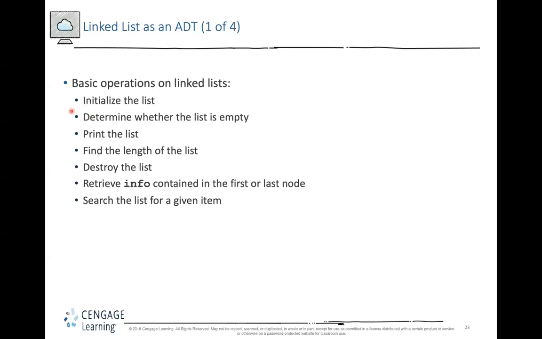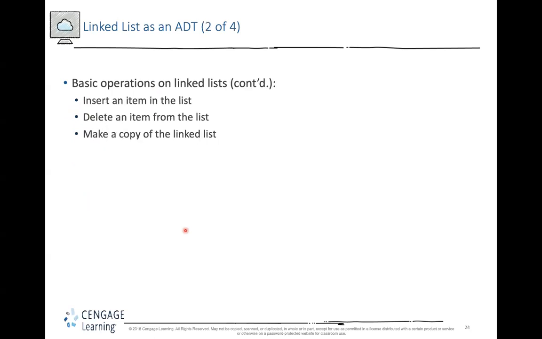You can initialize the list, decide if it's empty or not, print it out, find the length of it. You may destroy it, retrieve the information that's carried around, or search for an item. You can also insert, delete, or even copy the list. These operations define what you can do with a linked list from the outside, if you have another object that wants to interact with a list.